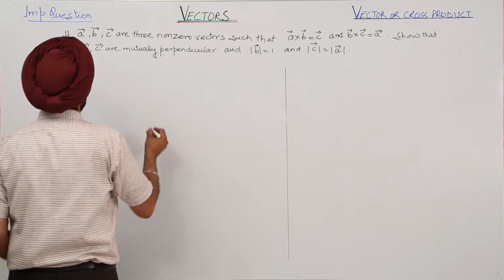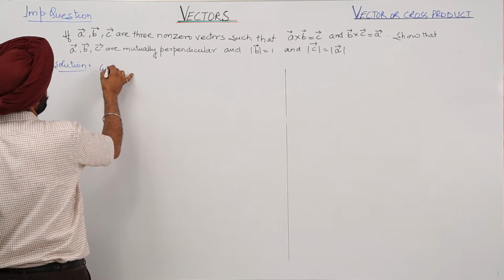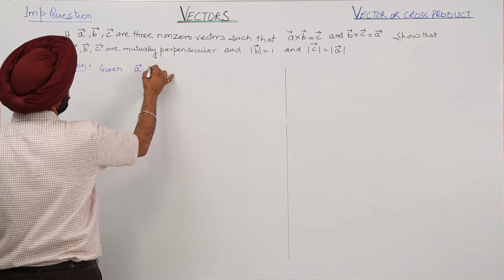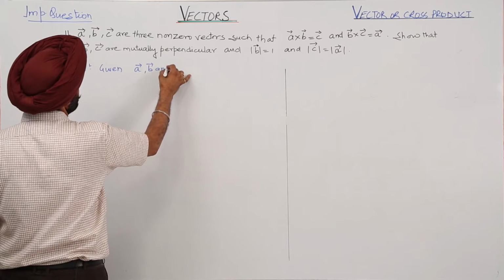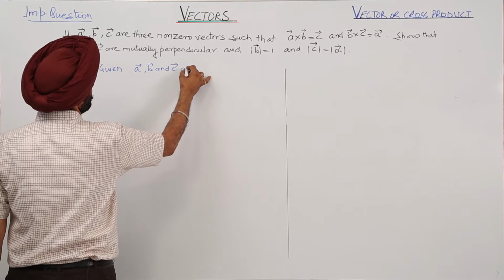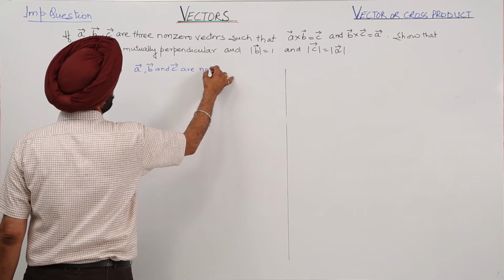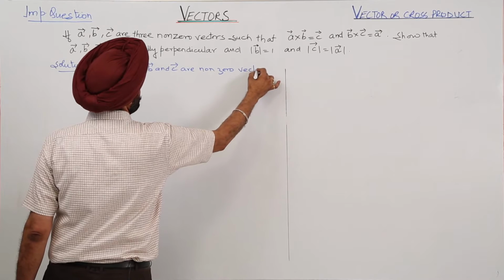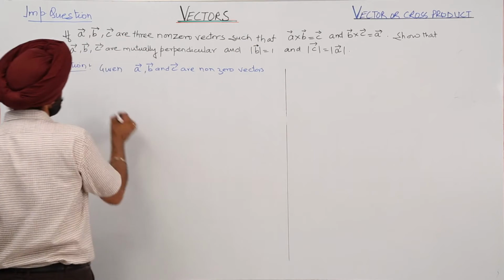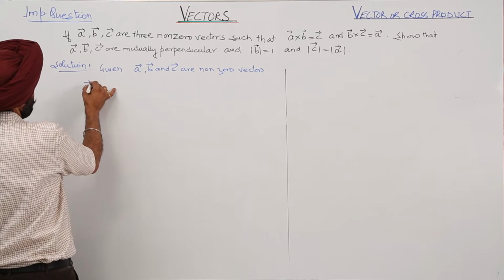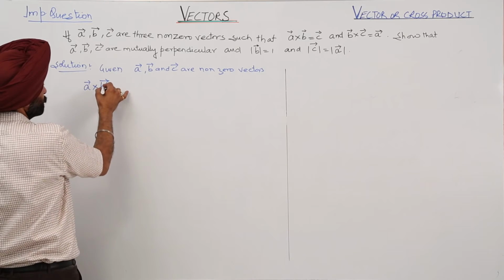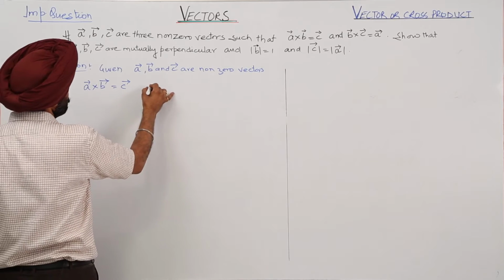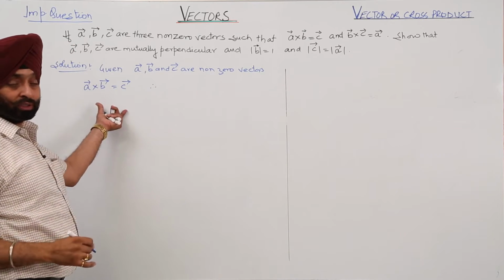Okay. Now, given vector A, vector B and vector C are non-zero vectors, and the conditions are the cross product of vector A and vector B is equal to vector C. Now, this result, what does it show?